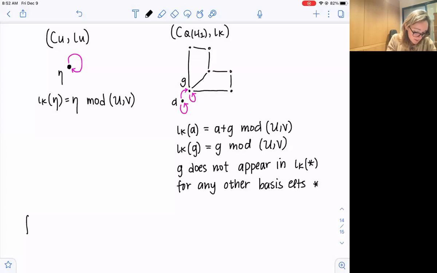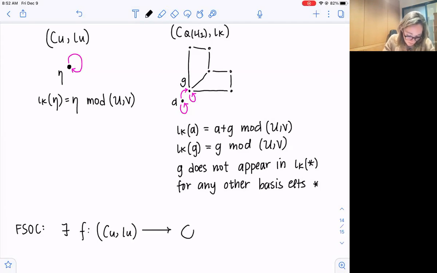So maybe first we'll say, for sake of contradiction, let's assume that there exists an almost local equivalence. And so an almost local equivalence is a chain map that induces an isomorphism on localized homology, where we think of localized homology as just the homology of these complexes times U inverse V inverse. That's how we localize it.